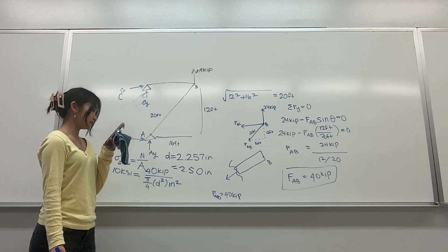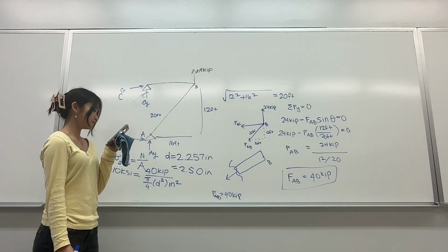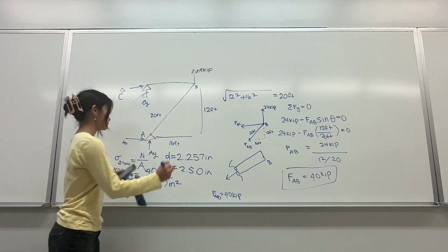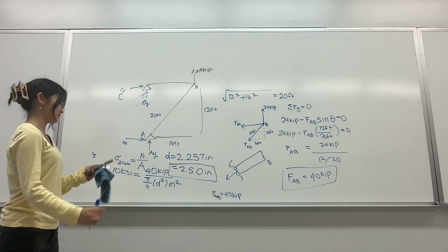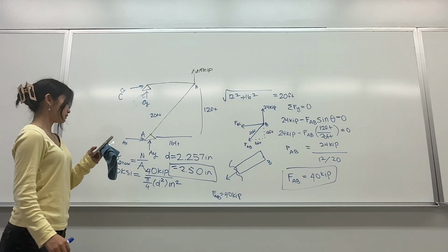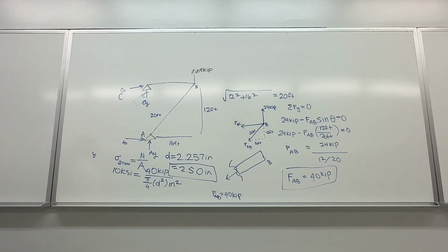That would be the minimum required diameter for bar AB. So that's our answer, 2.50 inches, and then we can move on to the next problem.